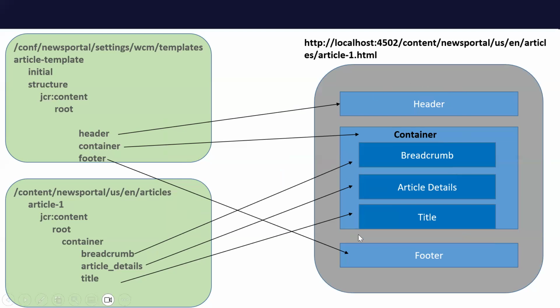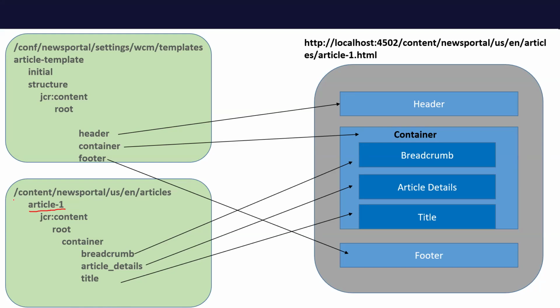But this content is stored in 2 different locations in the JCR repository. In the browser, when you open any page by using this path and .html, you'll see the content from template level as well as page level. If you access article 1.html, it will go to the JCR repository and execute the article 1 page.